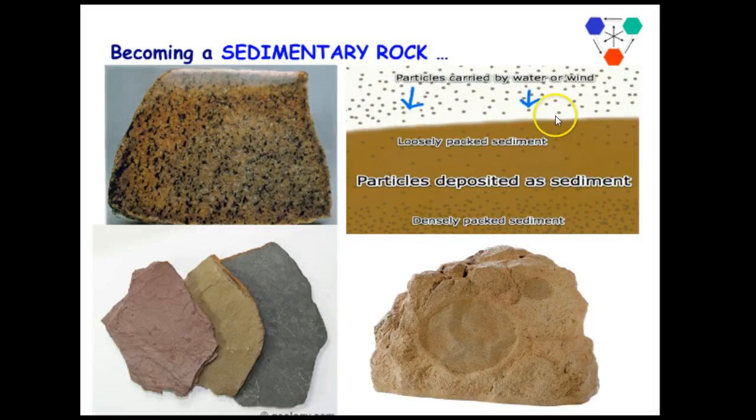Now, in the case of clay, clay can become shale. So here's a great example of shale right here on the bottom left. Those clay particles, remember they're so small you can't really see them, can be glued together to form shale. And then the sand particles can be lithified or glued together to form sandstone, like you see here at the bottom of the slide.